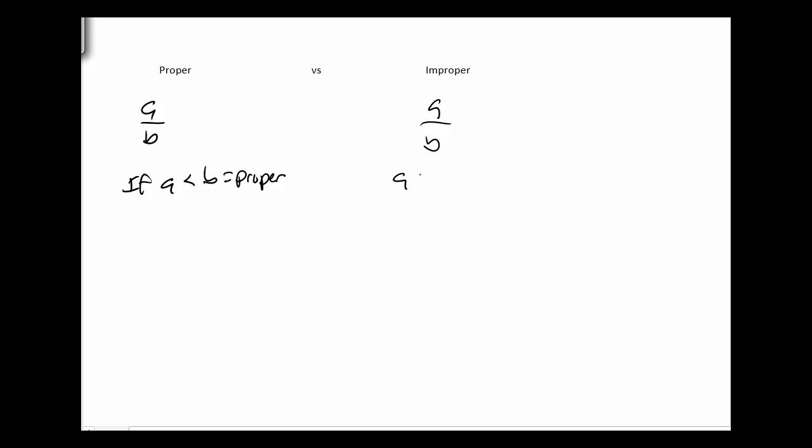If a is greater than b, then we call that an improper fraction, meaning the numerator is larger. So something like 2/3 versus 3/2. In 2/3, the 2 is smaller than the 3, so we call it a proper fraction. And in the other example, 3 over 2, 3 is bigger, so it's an improper fraction.